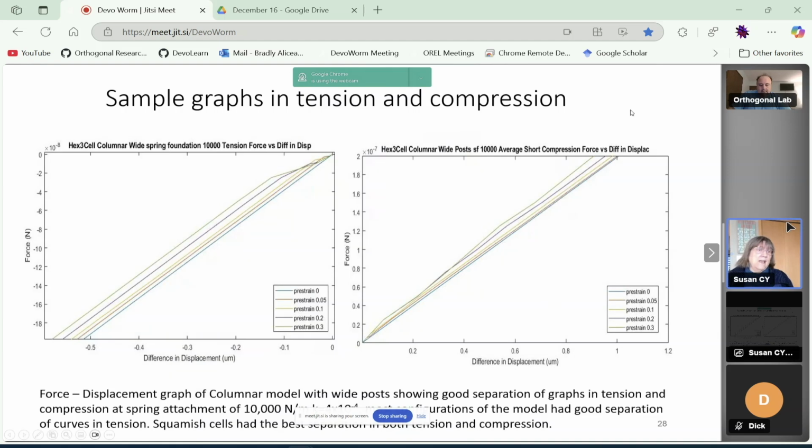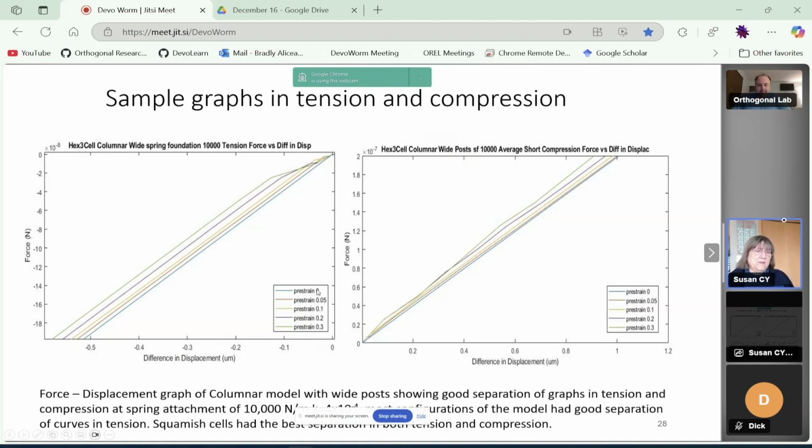And these are sample graphs, and this one is in tension, and this one is in compression. And this is going with the convention where tension is going negative and compression is positive. That's just the reverse convention.